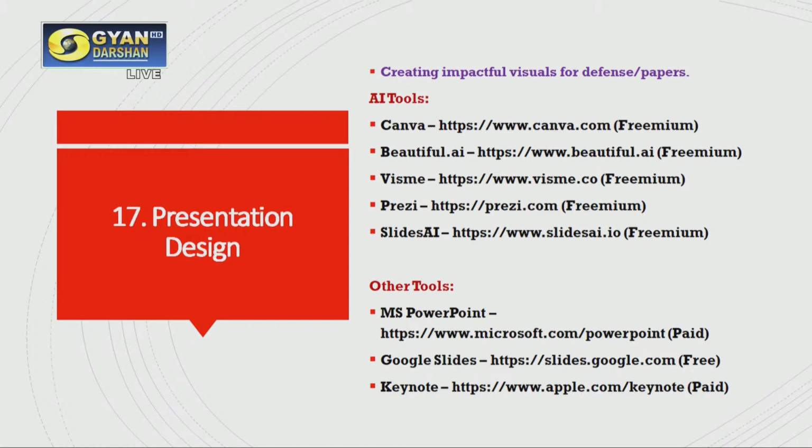Again, when we talk about presentation, once we do the research work, there can be situations where you will be trying to present the work that you have done. So when we make a presentation, of course, we prepare the popular Microsoft PowerPoint presentation, which is again paid software. Now, we used to make use of the facilities available on such tools, but then there are tools with artificial intelligence in the technology.